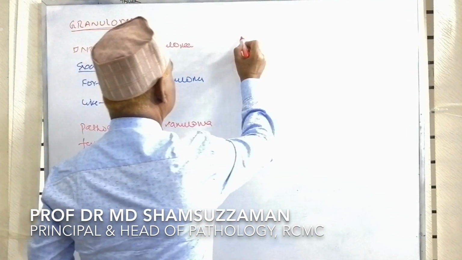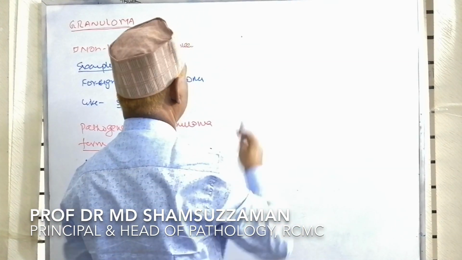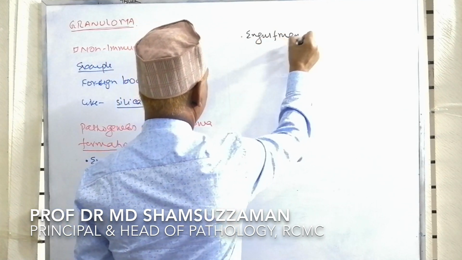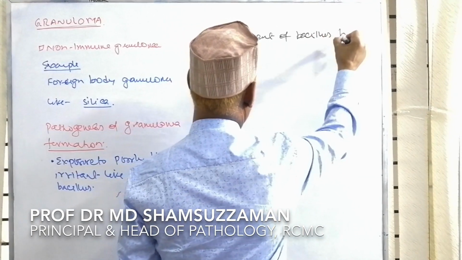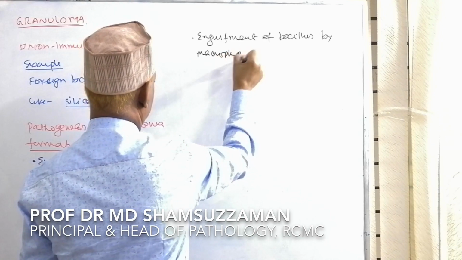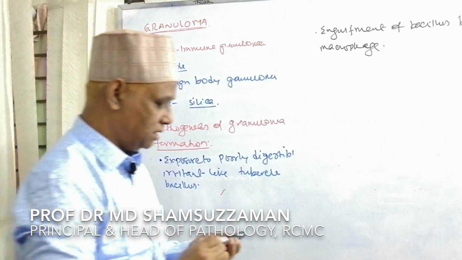Second step, engulfment of tubercle bacillus by macrophage. Dear audience, you know macrophage is one of the chronic inflammatory cells.